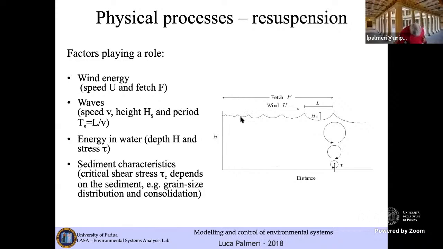And as a consequence of the generation of waves, the energy in water, depending on the depth of the water, is transformed into gyres that we may represent in this way.